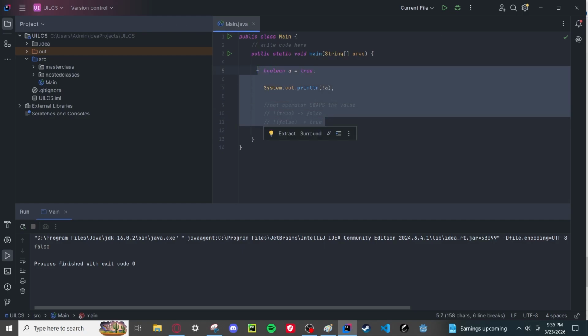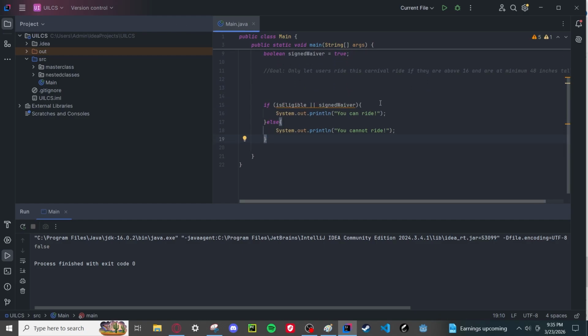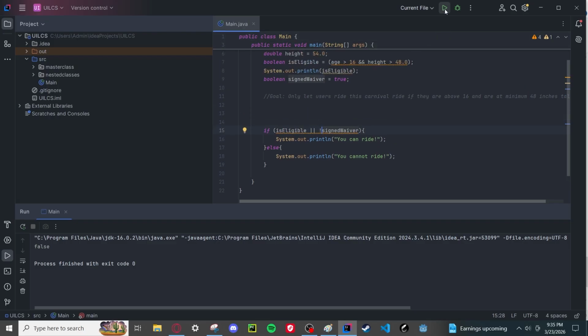So then applying that to the situation, back to this problem set. What if we said signed waiver, we put a little not here. So let's say not signed waiver, which doesn't really make sense for a carnival ride, but I guess we're that one Euphoria ride.